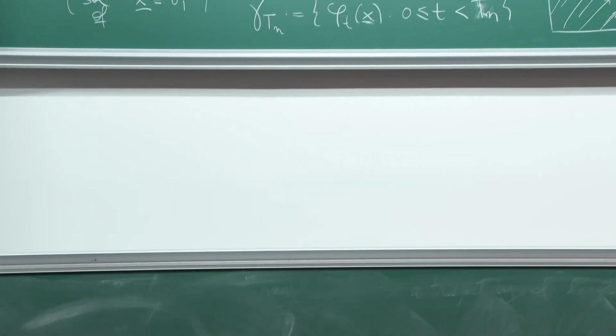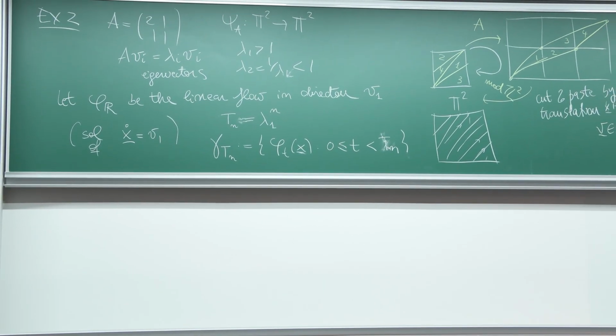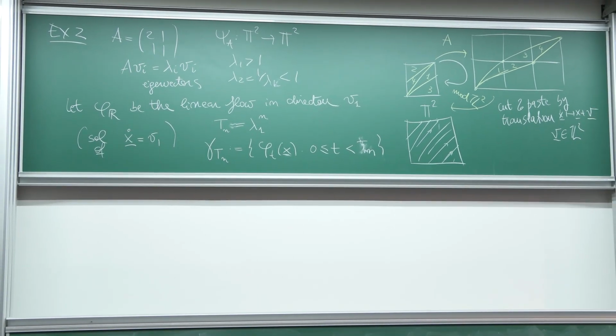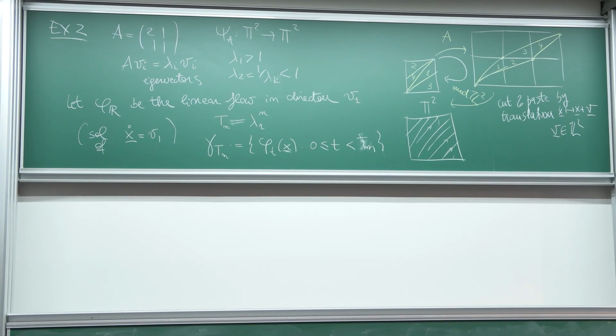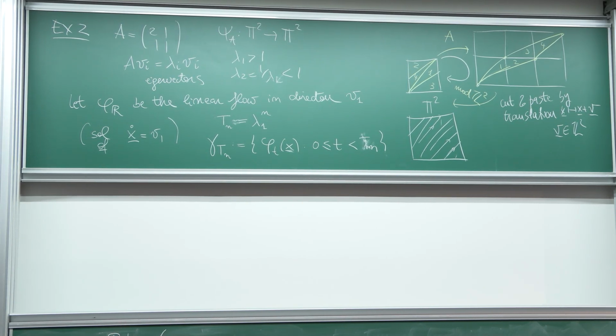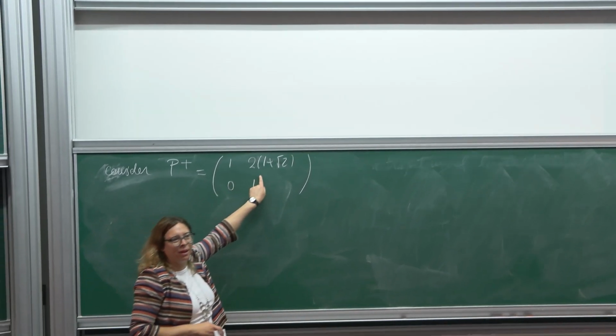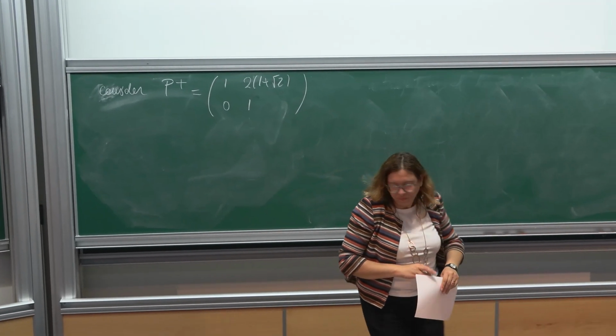I will call it P plus, in analogy with the torus. It's an upper triangular matrix, but here it has 1 plus square root of 2. Don't ask me why there is this number. I will tell you why in a second.